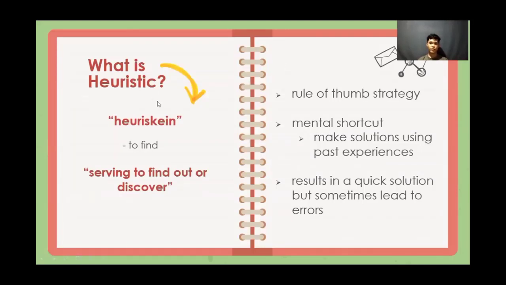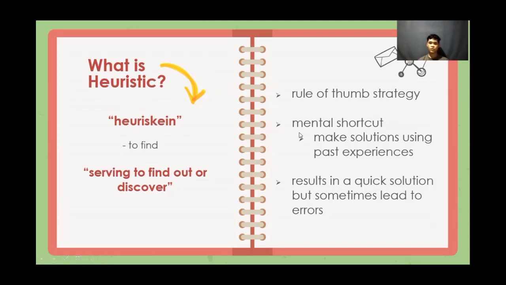It is a term coined from the Greek word eureskin, which means to find or to discover. So basically, the word heuristic is serving to find out or discover. Heuristic is also known for its rule of thumb strategy. It is the principle you follow, which is based only on past experiences.